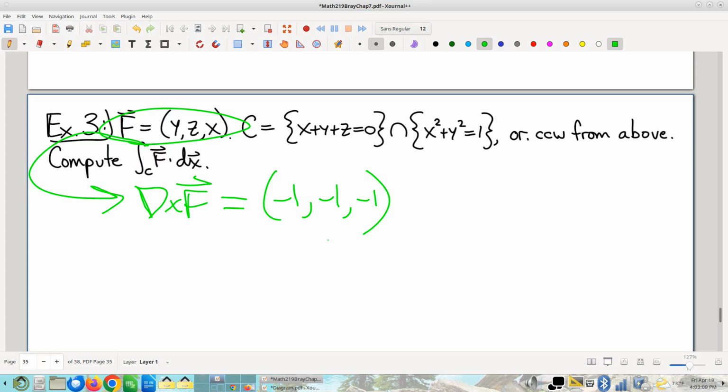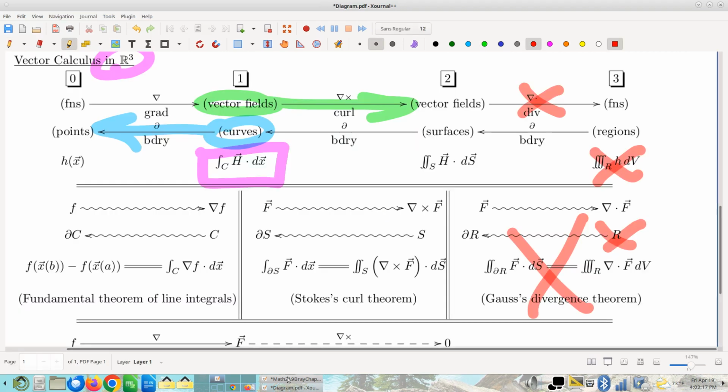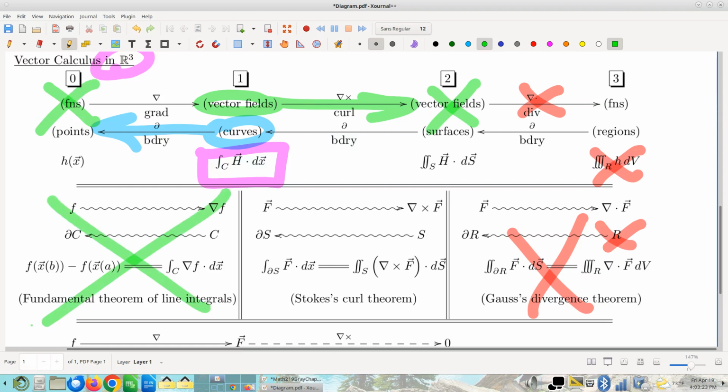What do I conclude from this? Well, it's not 0. And since it is not 0, that means there is no anti-gradient. That means the fundamental theorem is off the table. Out of the question, not going to happen. Don't try. Doesn't apply. Everybody happy?